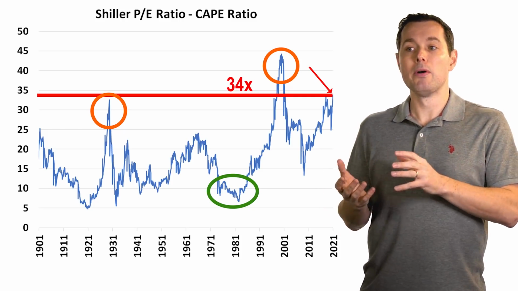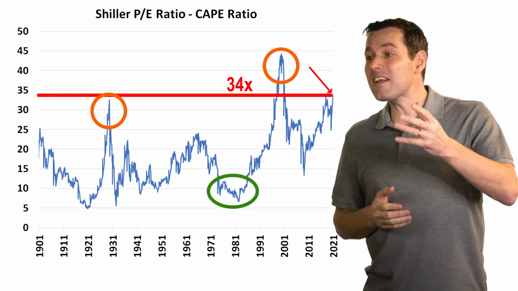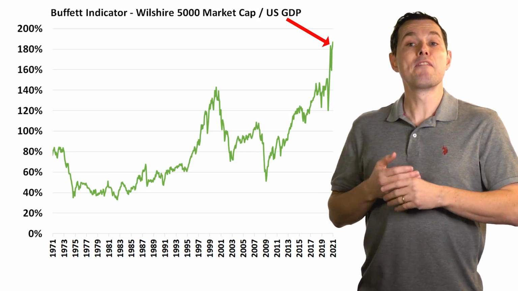Combine those two, and you end up with a much lower Shiller PE ratio back then. So at the end of the day, the Shiller PE ratio is up near all-time highs. The traditional PE ratio is also up near all-time highs. The Buffett indicator is also up near all-time highs. All signs are pointing to this stock market being fairly well overvalued at this point.